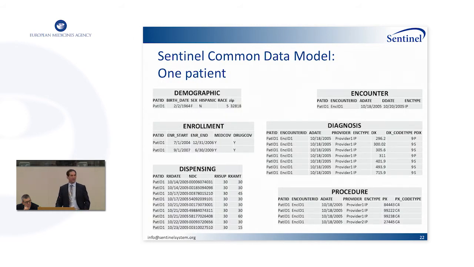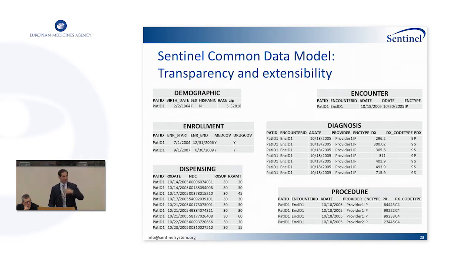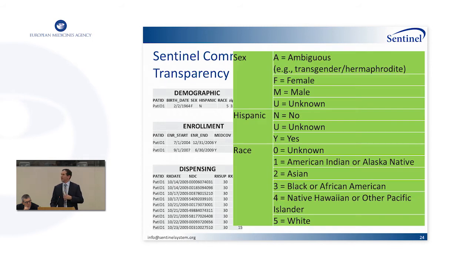So what does a patient look like? This is getting at this idea of transparency. This is actually what the data look like. It's pretty simple. It's obviously not all the variables, but the idea here is if you have the data model and the database, you should be able to know what's going on. So F is equal to female, and N is equal to no, and race is 5.